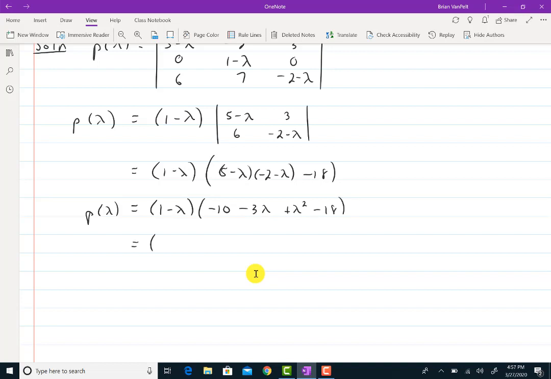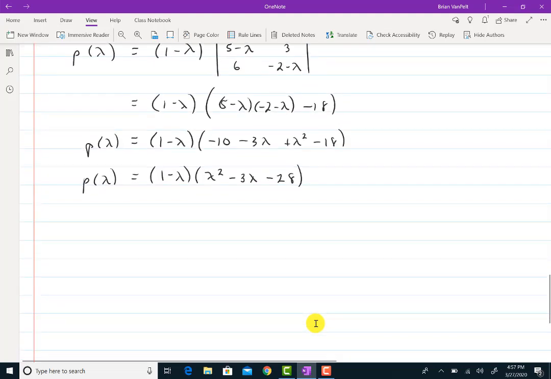And that's technically done, but suppose I was asked to solve it and set it equal to 0, I'd probably do some of this stuff. I'll get lambda squared minus 3 lambda minus 28. And that does factor, because 28 is 7 times 4.